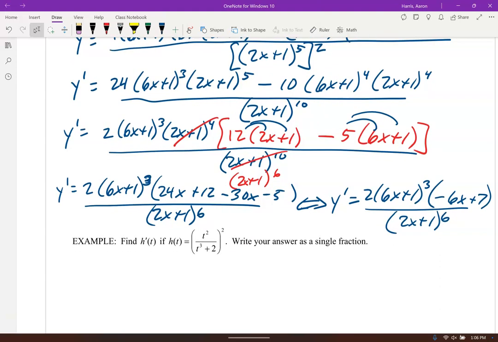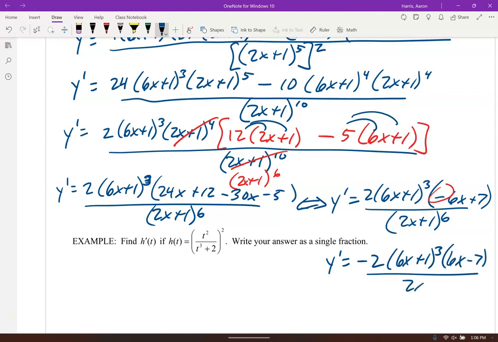You know, I'd probably take a negative out of that, put it out front. So I had negative 2. And that'd change that to a positive 6x minus 7. It's just kind of a preference thing. I'd call it good right there.